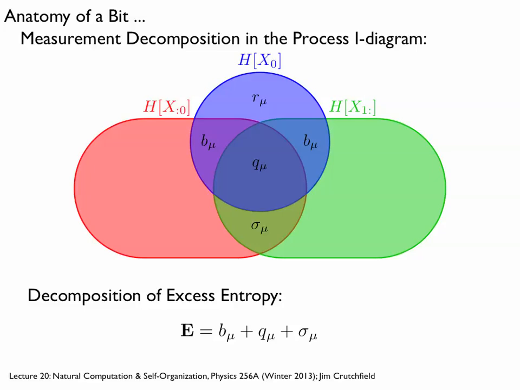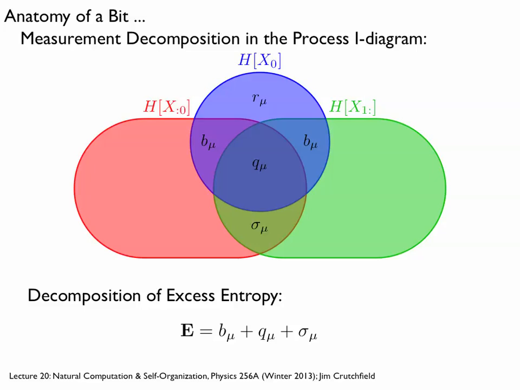So it has that little sigma mu piece in there. Okay, so that's a pictorial introduction to the theory of these information decompositions. Again, we're just making reference to blocks of variables. In this case, we just singled out one variable and called it the present.